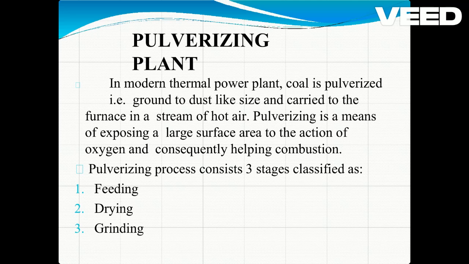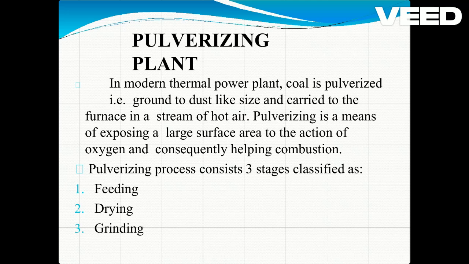Then the pulverizing plant. In the modern thermal power plant, the coal is pulverized, that is ground to a dust-like size and carried to the furnace in a stream of hot air. This process exposes a large surface area to the action of oxygen and consequently helps the combustion process.